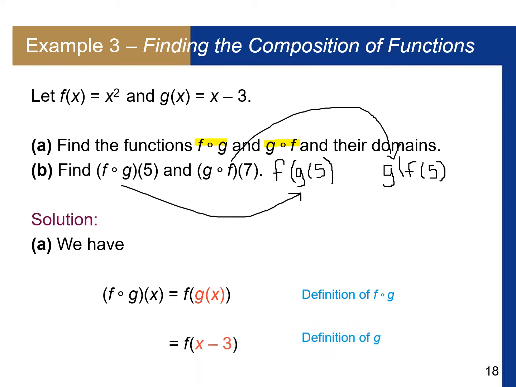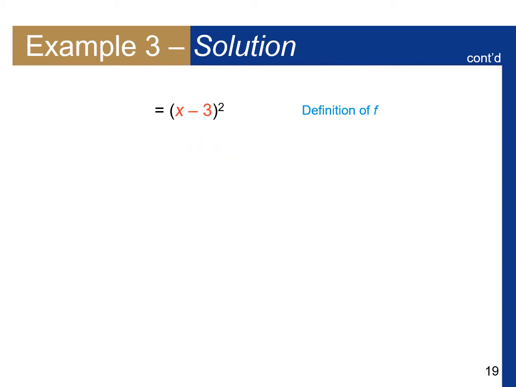Okay, so here we have this now, like I just said, and we're going to plug g of x, which is defined at the very top up here, there we go, g of x into our f of x. So that would look like this. The next step would be to take that x minus 3 and plug it into my f of x.